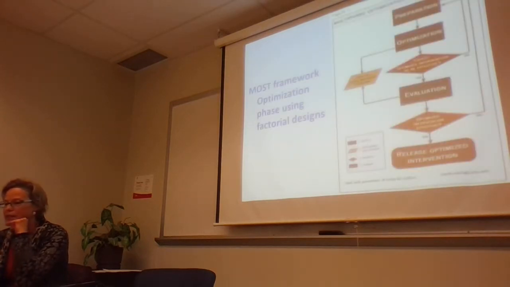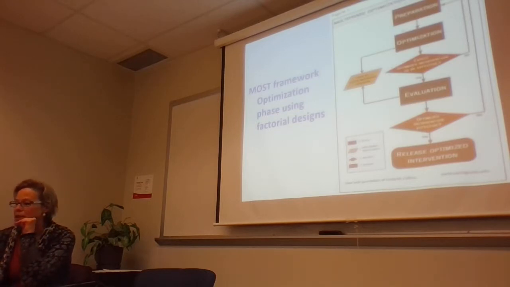So if you recall, this was the drawing we showed you for MOST. The idea is that you go through the optimization approach where you do some of these factorial designs we talked about, and you ask yourself the question, is the intervention optimized? If it's not, you go back and you just keep working on it.